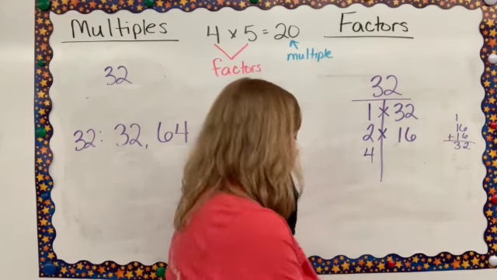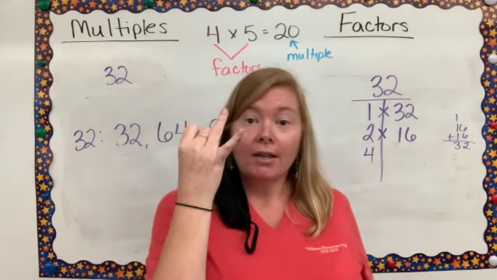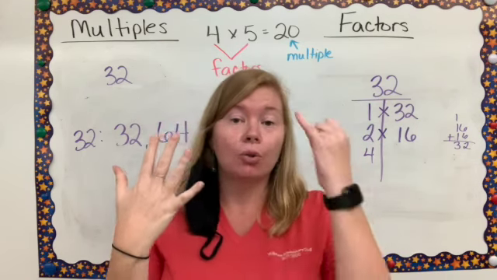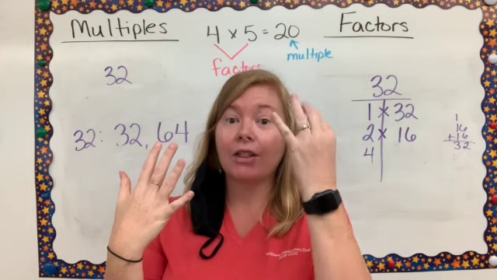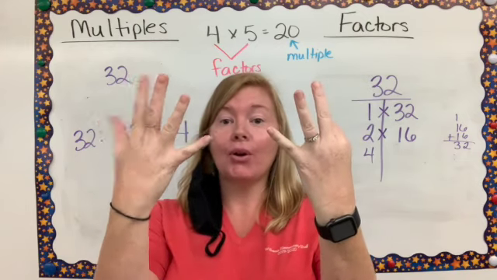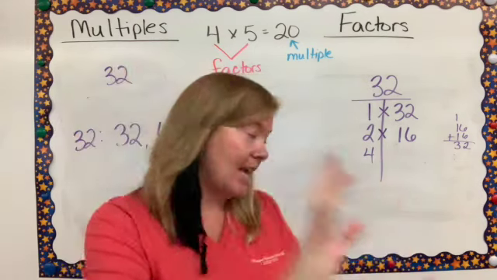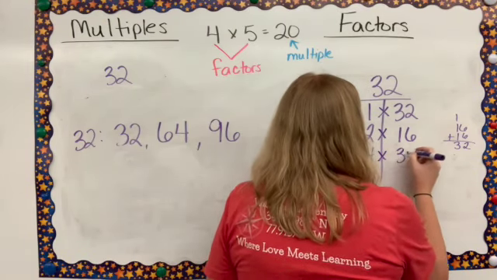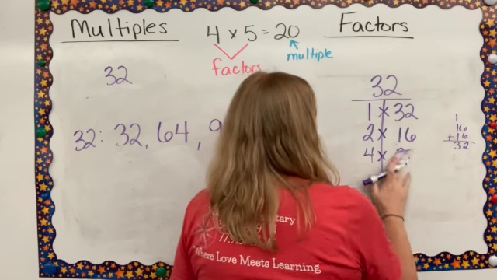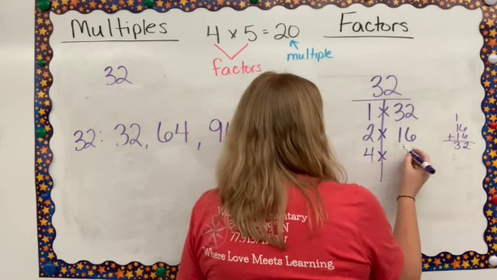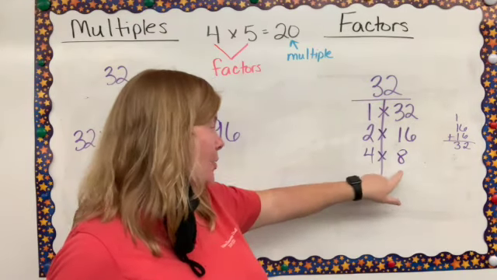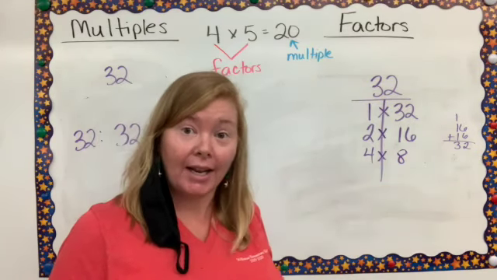I'm trying my 4s. 4, 8, 12, 16, 20, 24, 28, 32. Woohoo! 5, 6, 7, 8. So 4 times 8 is 32. I love when these numbers start getting close together, because when they start getting close together, you know you're getting close to done.